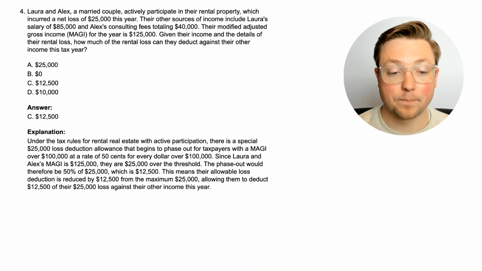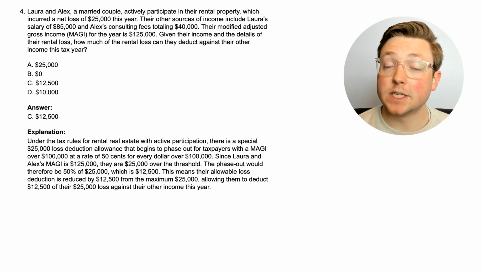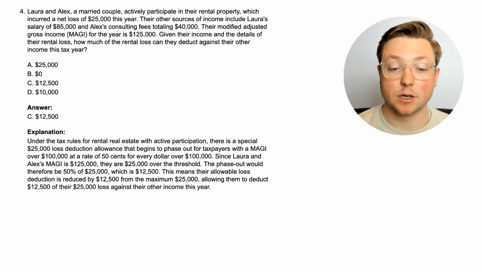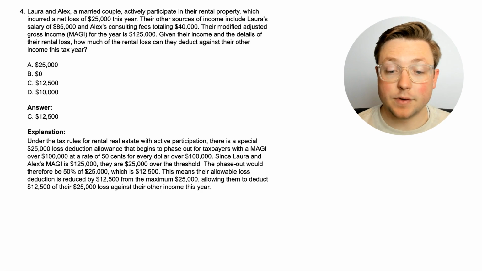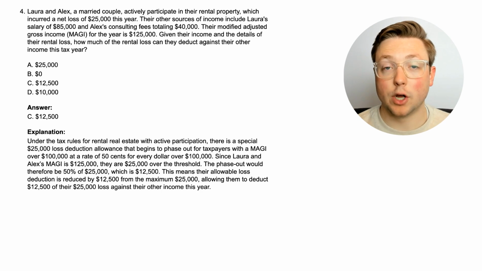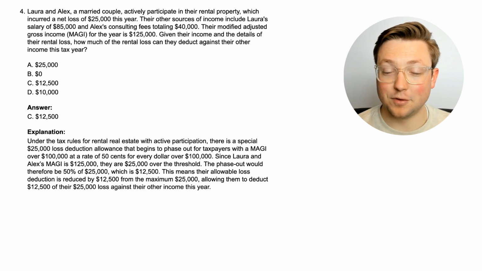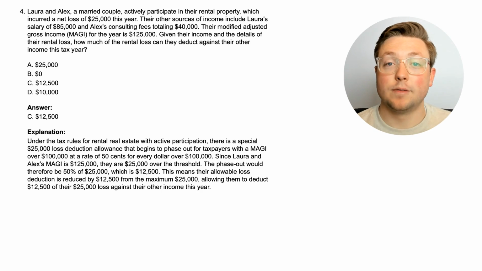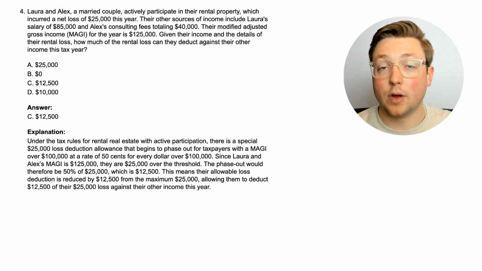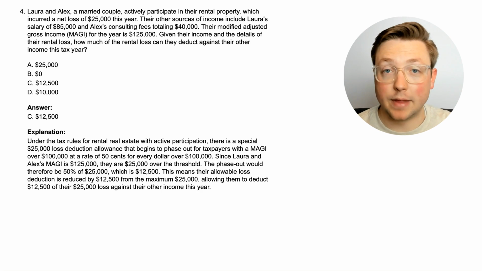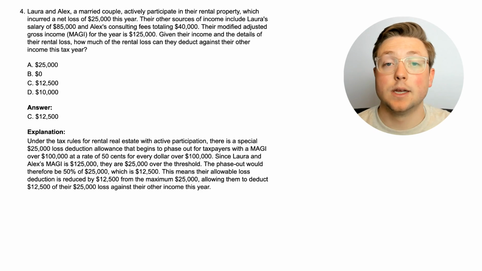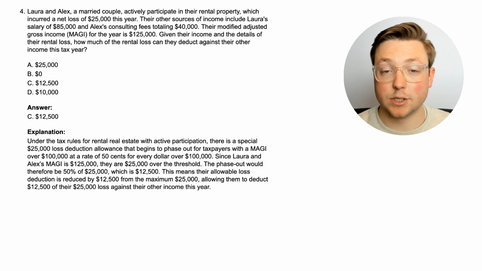Let's look at that. Under the tax rules for rental real estate with active participation, there is a special $25,000 loss deduction allowance that begins to phase out for taxpayers with an MAGI over $100,000 at a rate of 50 cents for every dollar over $100,000. So that's a little bit confusing, but basically, for every dollar that is above $100,000, you take half of that, and that reduces the $25,000 deduction that's available.